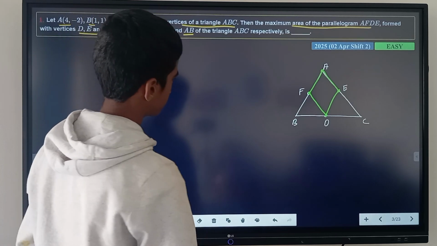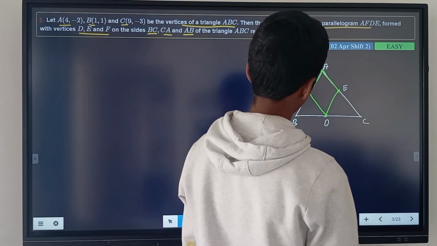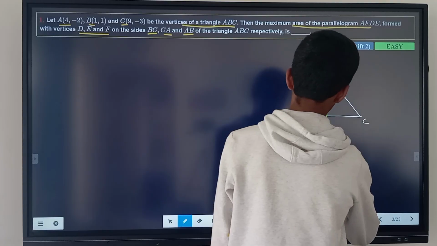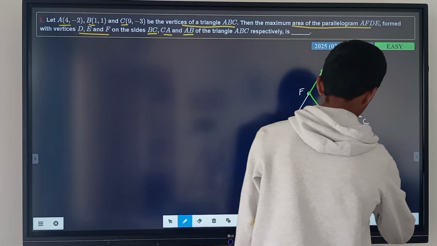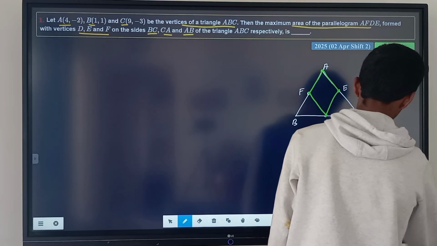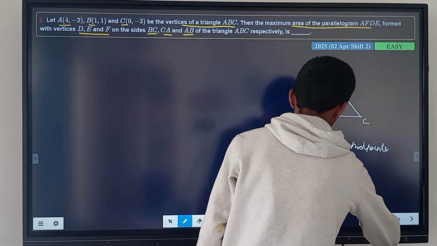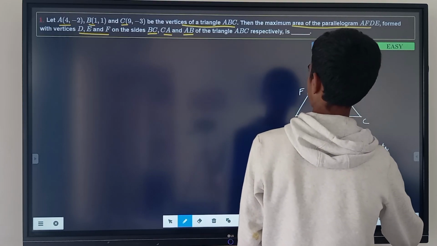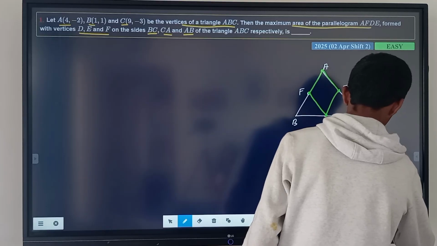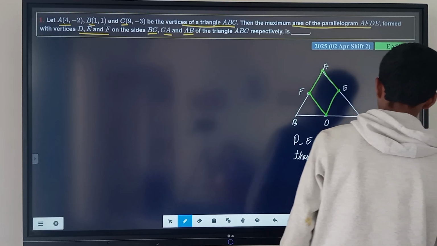Now, the area of parallelogram AFDE will be maximum if D, E, and F are midpoints of the respective sides. Then the area of AFDE is maximum.